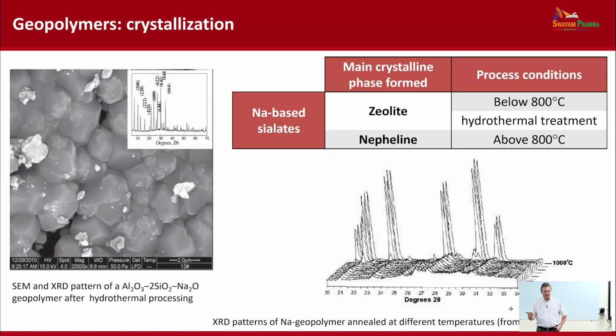It's a ceramic material with the problem that the melting temperature, if I remember correctly, is 1040, something like that, Celsius. But if you use potassium-based geopolymers, then you start forming leucite, which is potassium silicate with a melting temperature of 1680. So you can obtain high temperature resistant materials.